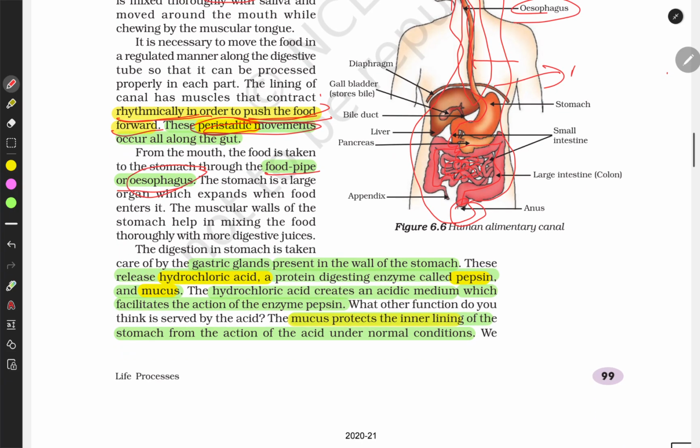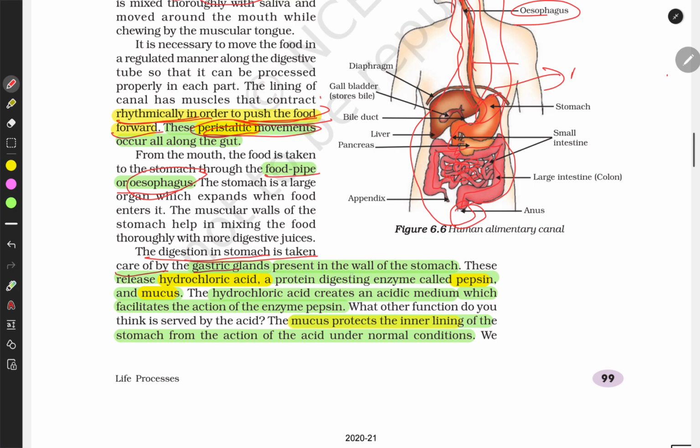And what happens in the stomach when the food goes in? The digestion in the stomach is taken care of by the gastric glands present in the wall of the stomach.